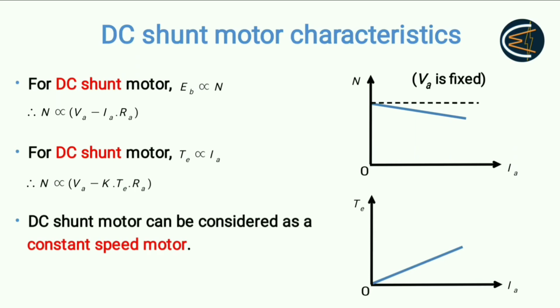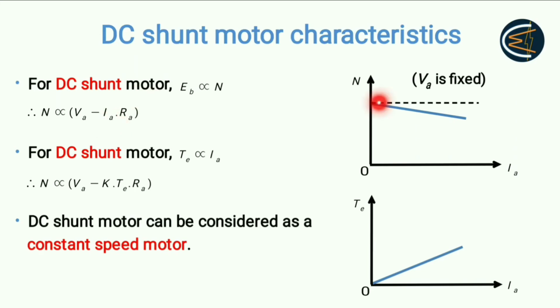Last but not the least, a DC shunt motor can be considered as a constant speed motor. As you can see here, the variation in speed is very less. The reason is that the armature resistance is very small, and that is why this drop Ia into Ra becomes very small. That is why up to some extent this drop can be neglected, or even if it is there, the reduction in speed due to this drop is very less.